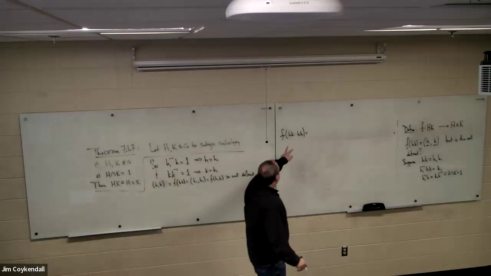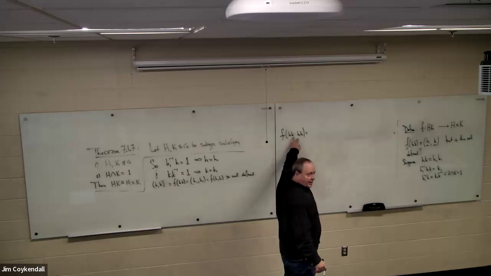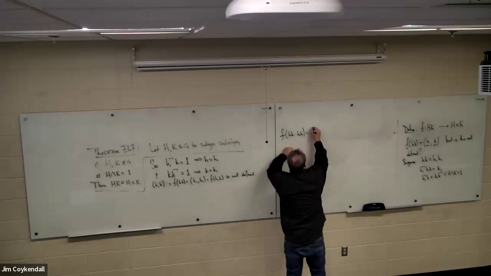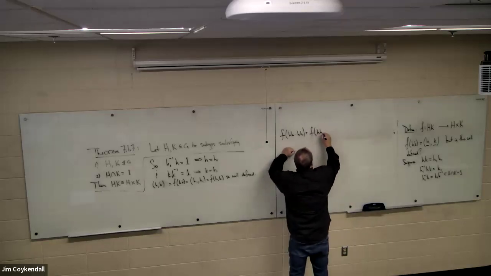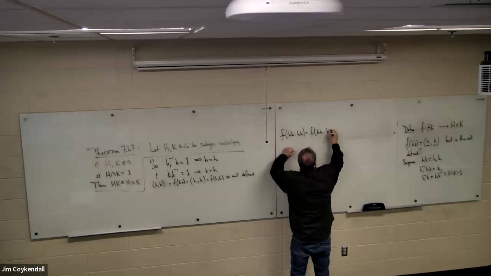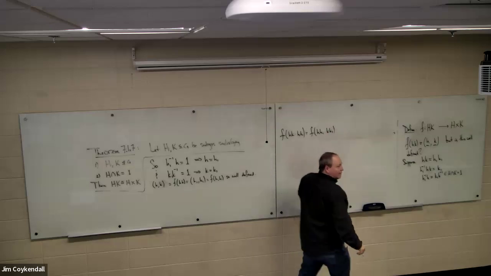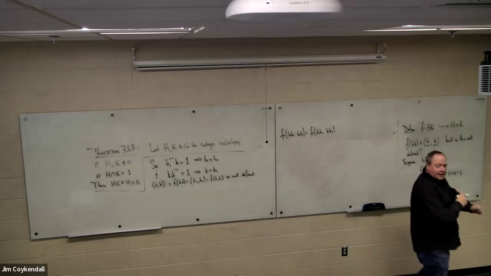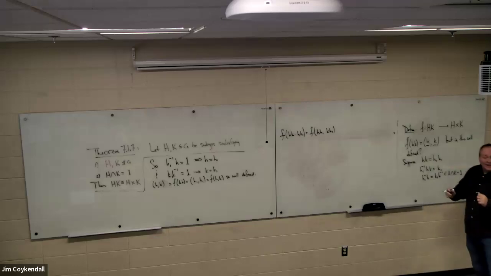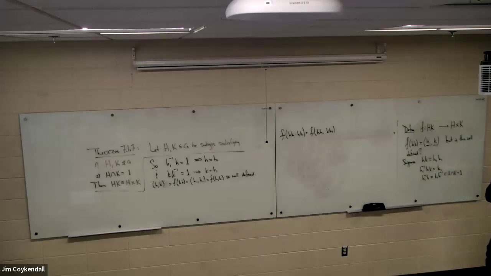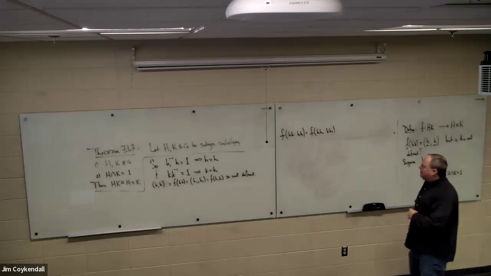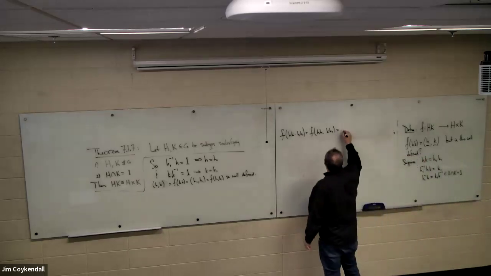Now, remember how the K's and the H's commute with each other, right? So I can rewrite this as F of H H1 K K1. Right, because that K and that H1 I could swap, because they're in different pieces. And what is this?